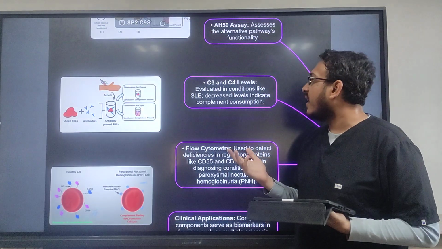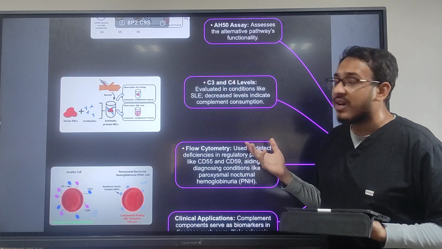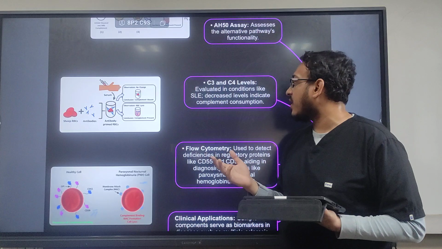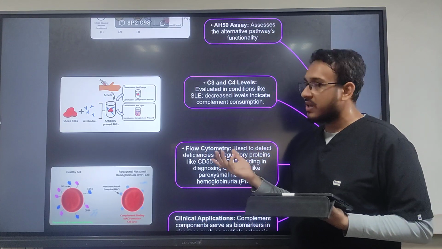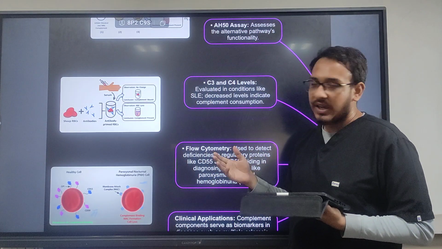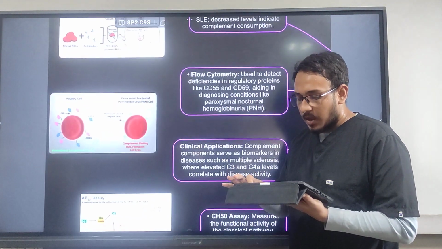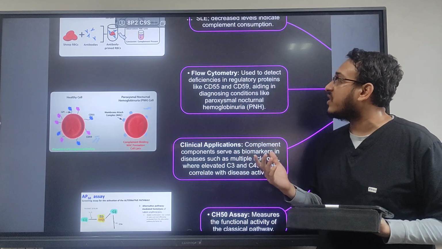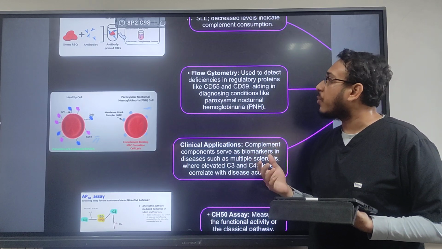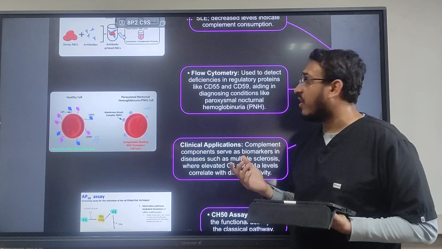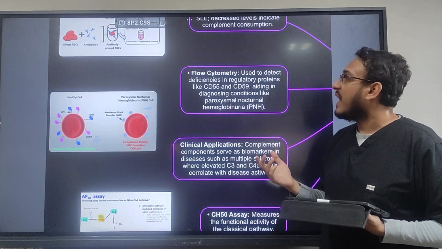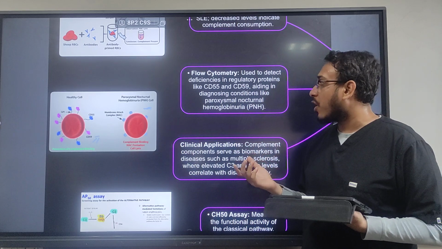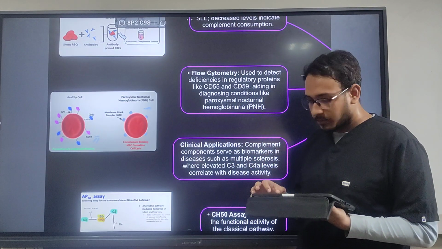These levels are evaluated in conditions like SLE. So decreased levels will indicate the complement system is hampered, and it can be a marker for this disease. Then flow cytometry can be used to detect deficiencies in regulatory proteins such as CD55, CD59, aiding in diagnosing conditions like paroxysmal nocturnal hemoglobinuria.